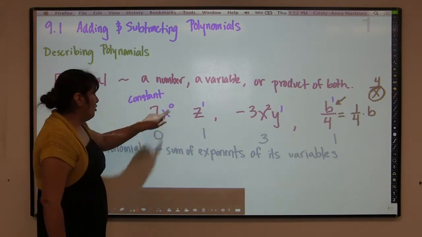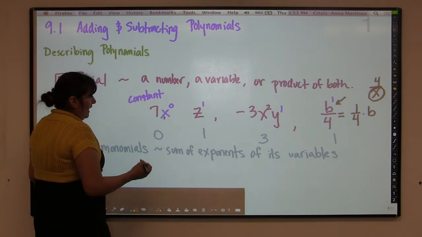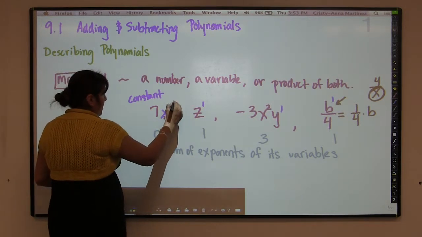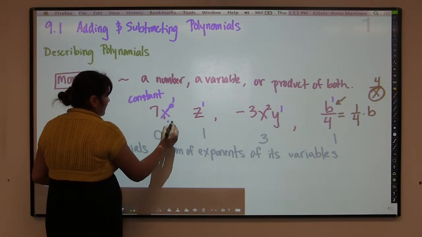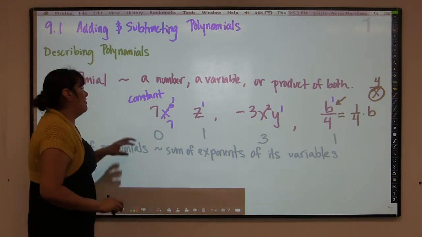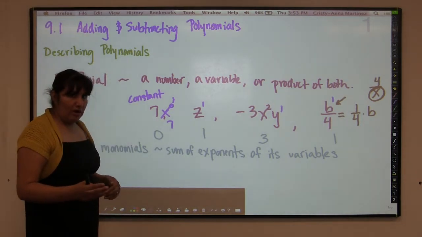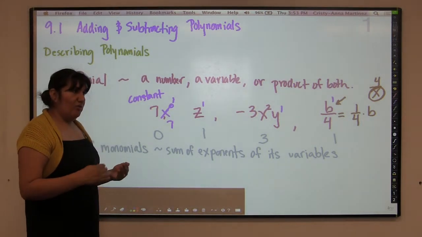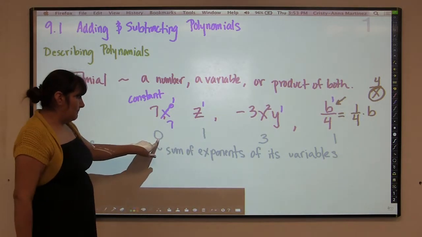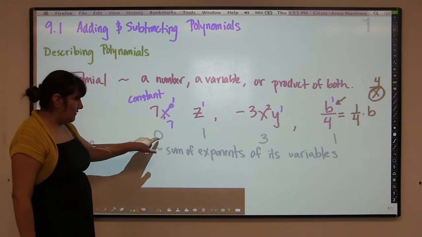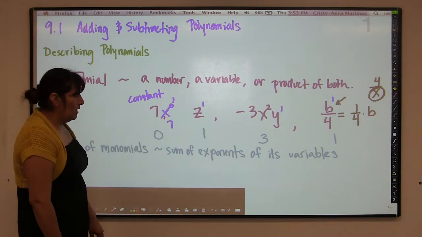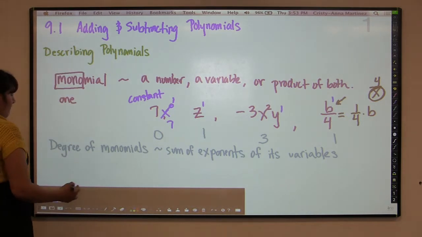We learned in the last chapter that anything to the 0 power is really just 1, and 7 times 1 is just 7. So whenever you have a constant, there is no variable there, which means that the degree of the variable is 0, and that's why the degree of the monomial is 0 as well. So that gives some idea of how to do that.